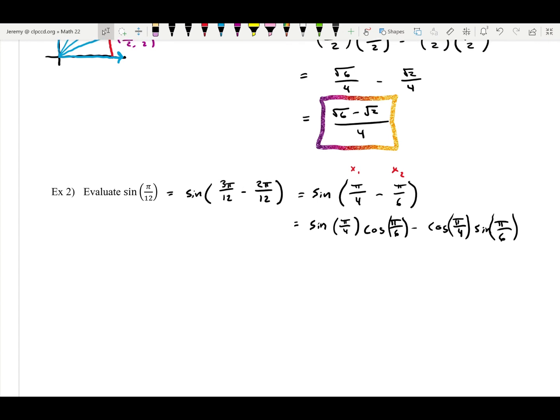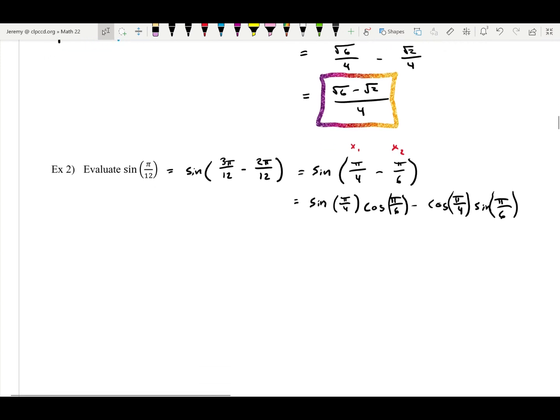All right, so there it is, all expanded out. Now I just have to evaluate these. You can use the unit circle. You know what, I kind of feel like, just for fun, drawing the right triangles. Remember, we can also use the right triangle approach here. So here's our 45, 45, 90 triangle.